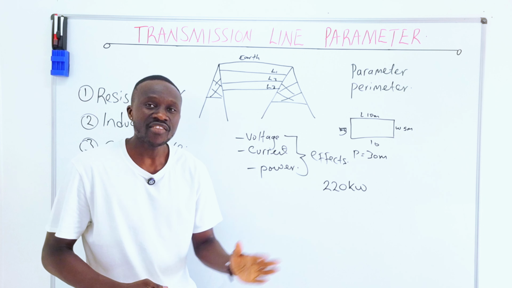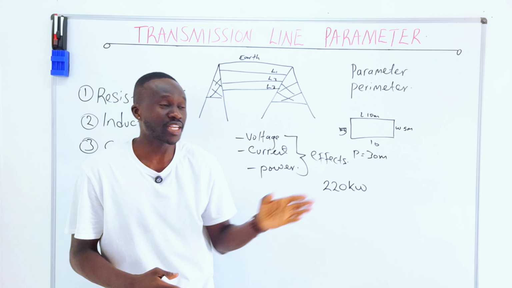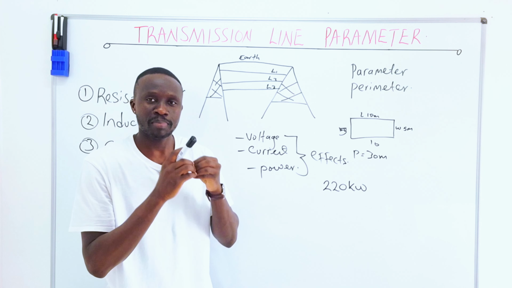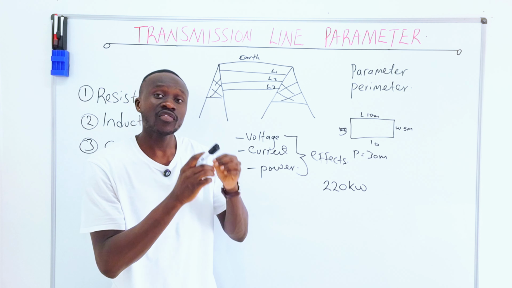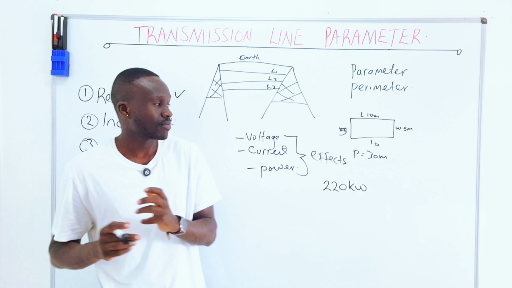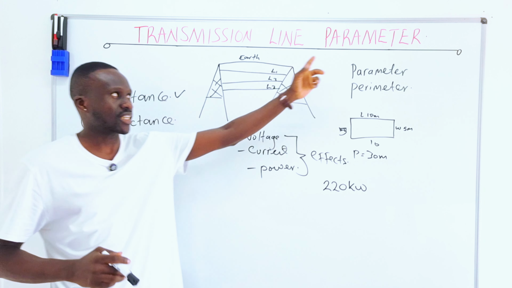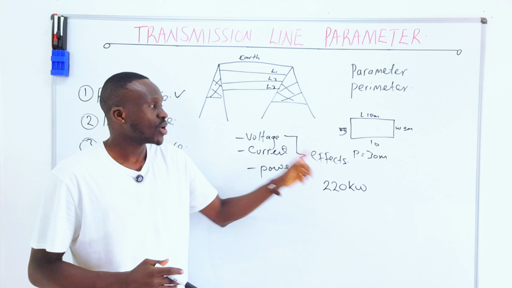That difficulty is the resistance. In electricity also, every material which conducts electricity has the property of resistance, one of the parameters.